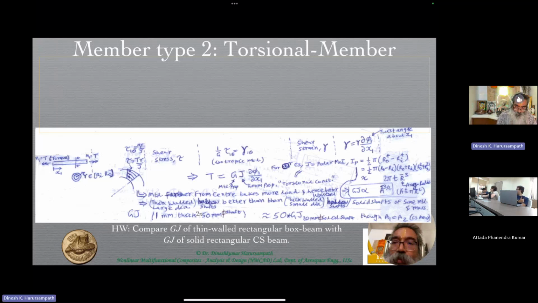Okay, so now the second example that we will take up is a torsional member. In other words, we're going to be applying a torque. So if you see over here, I think you can see a gray cursor, right? Okay, so we will be applying a torque.